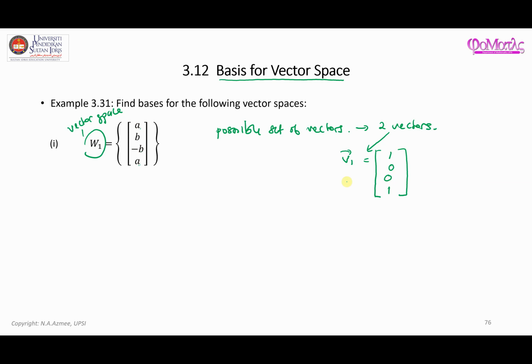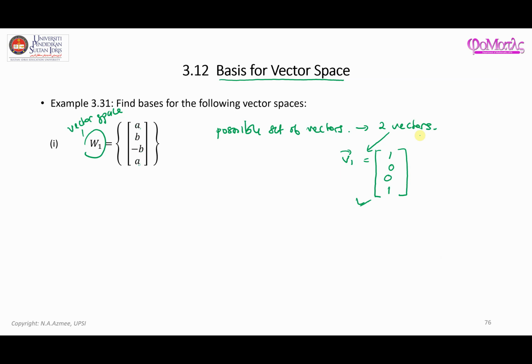This is an example of a vector that fits the description defined for the vector space here. The description is such that you have the same value at the first and last component, and for the second and third component, the value is the same, just different by positive and negative sign. So this could be an example of a vector that you can consider.